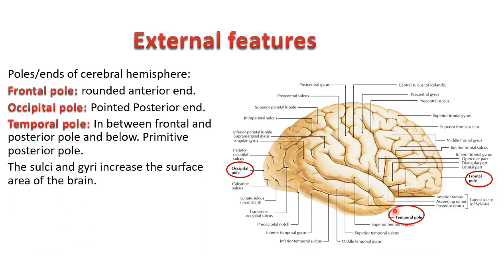The convolutions you see in the brain are the gyri and the sulci. They increase the surface area of the brain. Within the folds you can see the gray matter, and deep to it is the white matter. To accommodate a lot of brain surface area, you have these gyri and sulci. Not only that, the human cortex is not uniform.